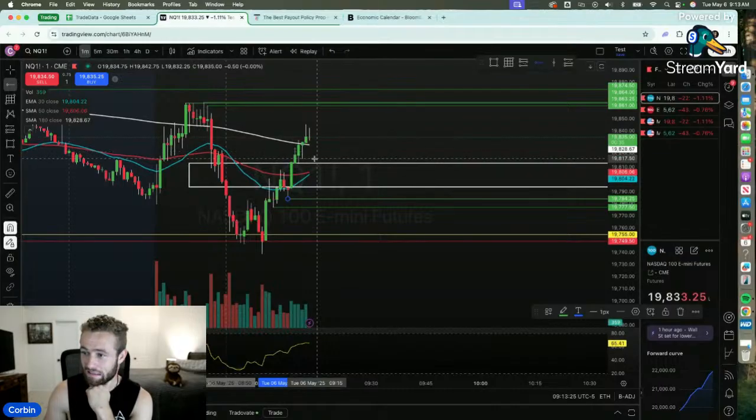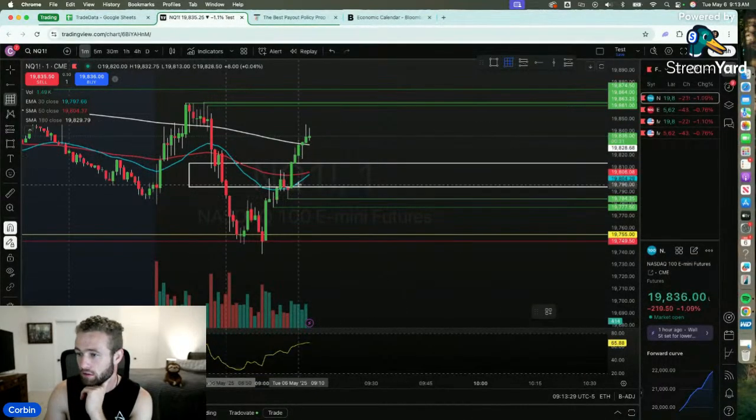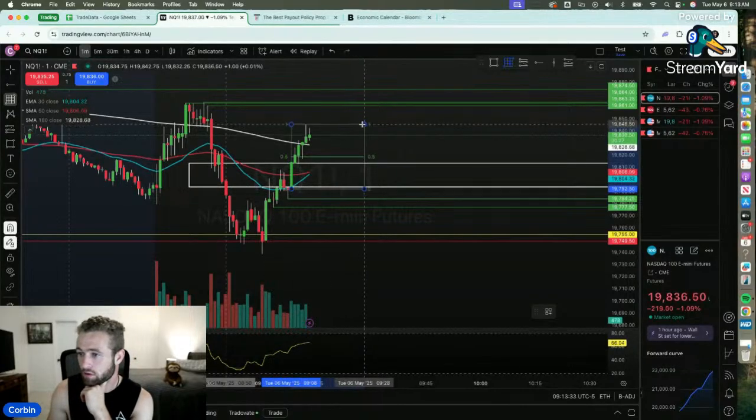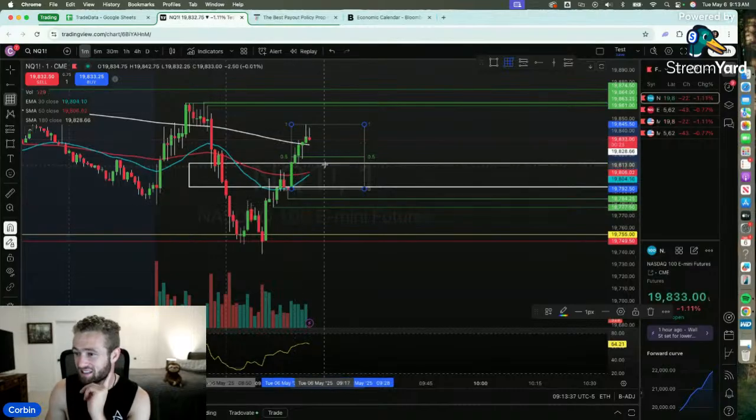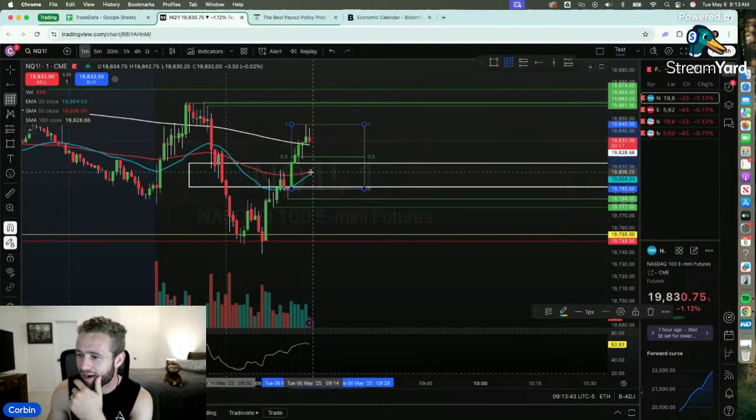I'd like to see this red candle come down in here from this move up. I mean, realistically, if we can get right in here, right in this sweet spot right here, God, that'd be beautiful. That'd be a beautiful setup.